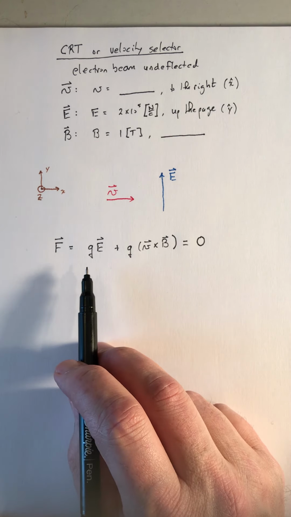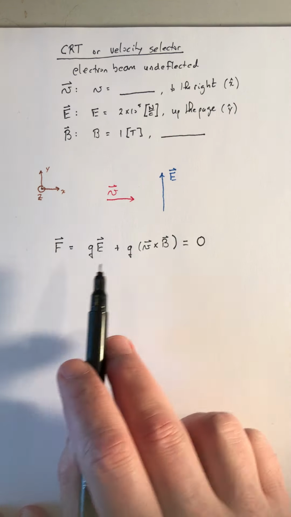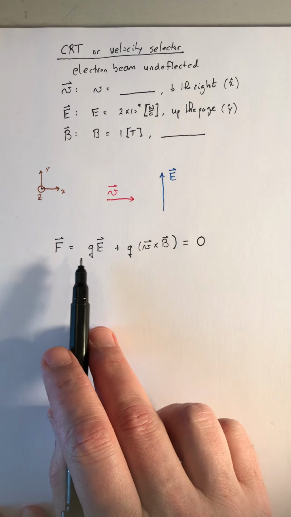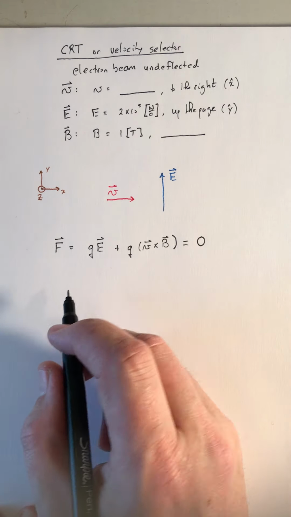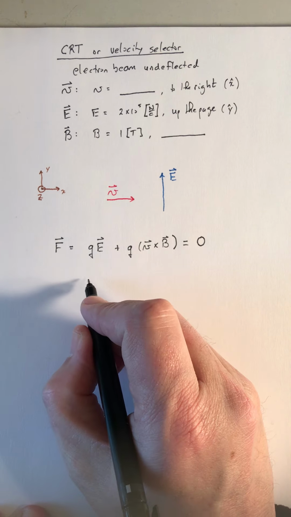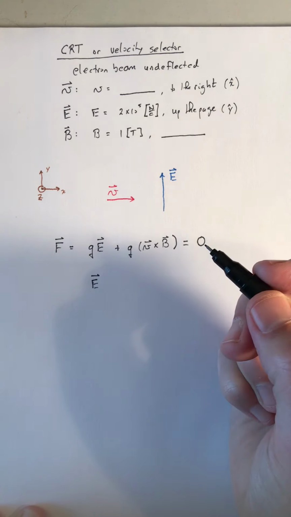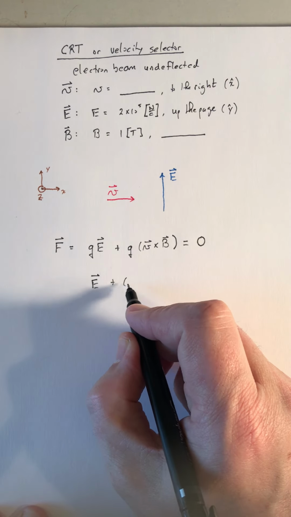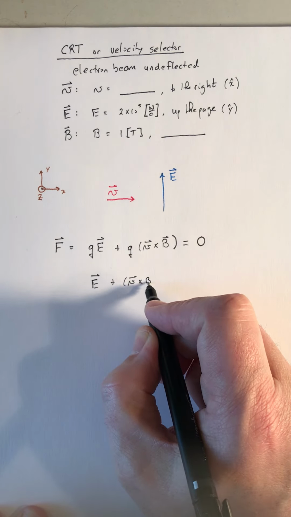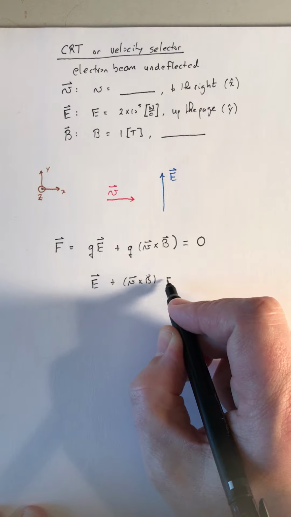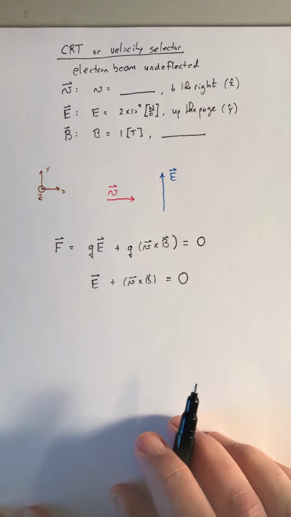And since they sum to 0, we can divide this equation out by Q. And we'll have a statement then about the vectors that we want the electric field plus V cross B to equal 0.